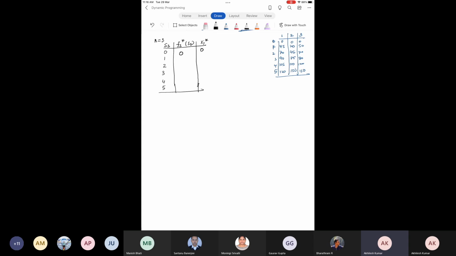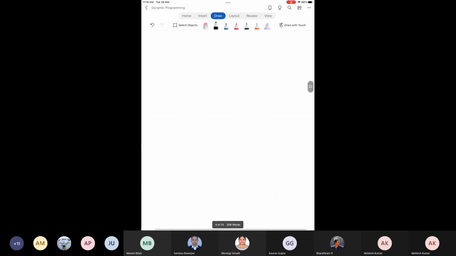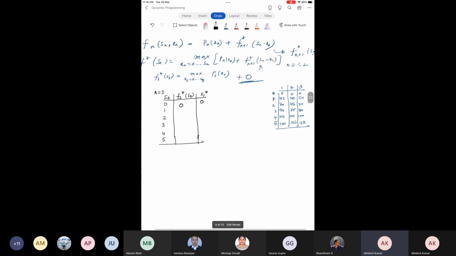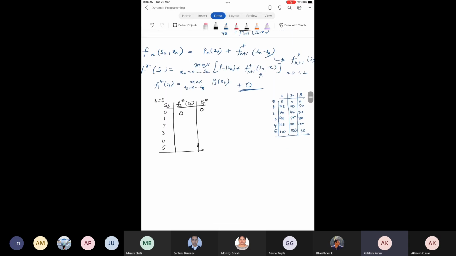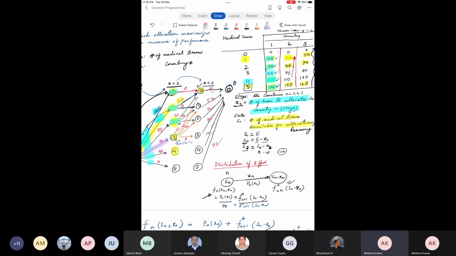If I have 1 team, how much can I allocate? From this state at n equals 3, you can go to 0.